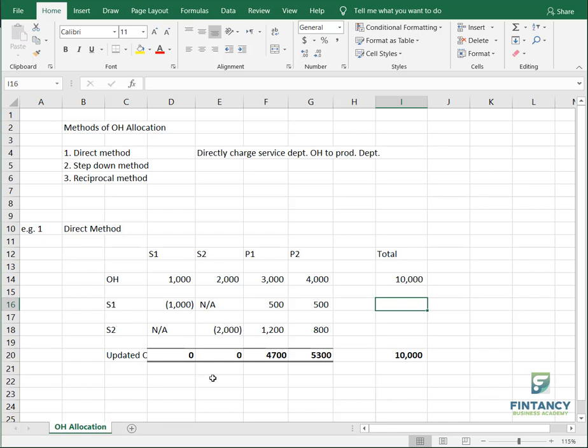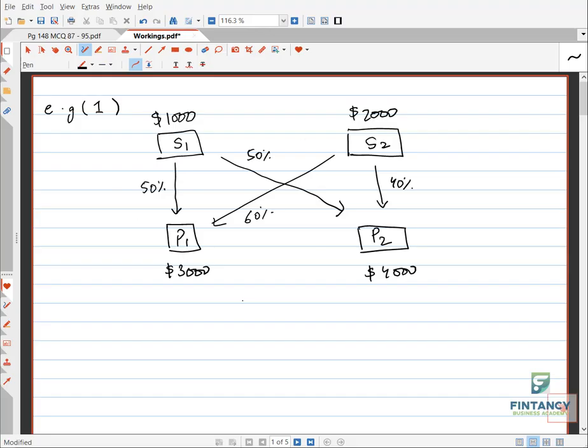Let's see another example. One more thing. Based on the example which I have created for you, example number 1, we can only use the direct method. The only possibility is the direct method. We cannot use the step down method in this type of scenario. We cannot use the reciprocal method. Why?